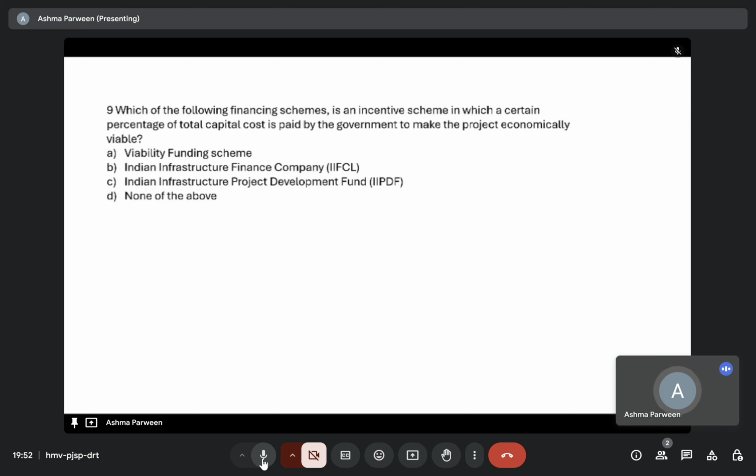A, viability funding scheme. B, Indian Infrastructure Finance Company. C, Indian Infrastructure Project Development Fund, or D, none of the above. So again, I'll give you all 2 minutes. Just take your time and write the option in the chat box, and then we'll discuss.